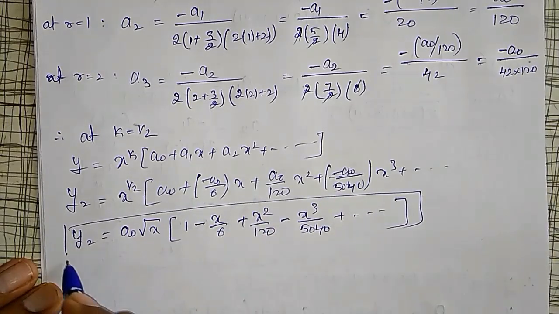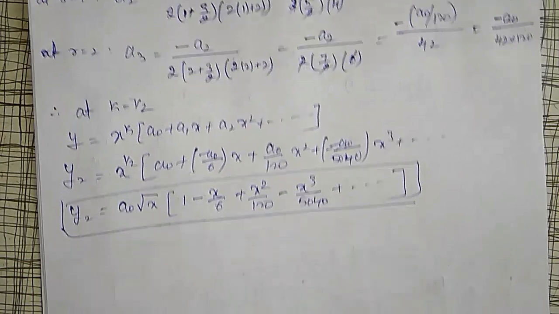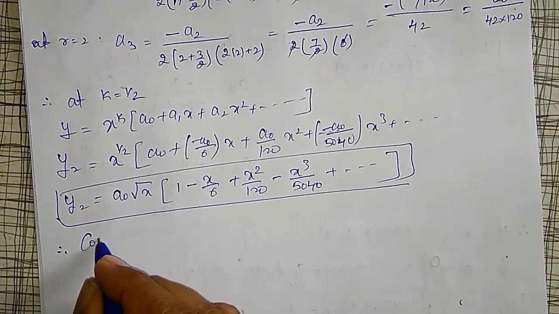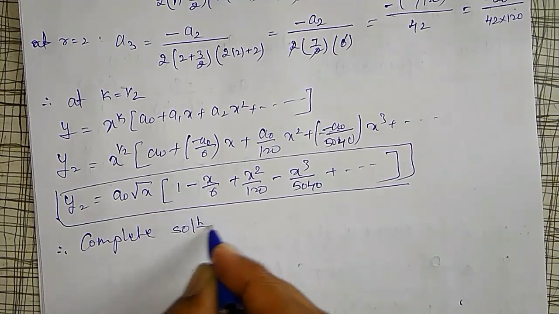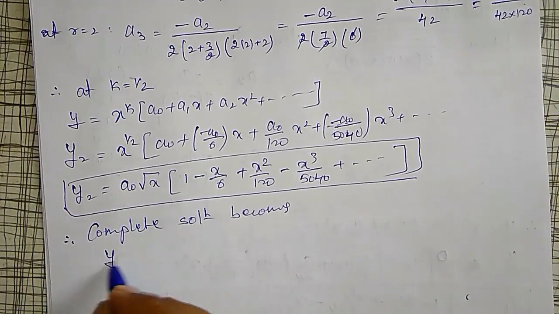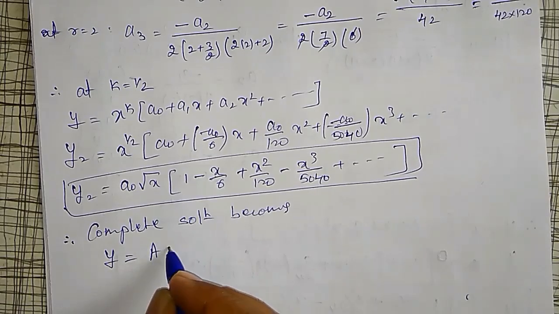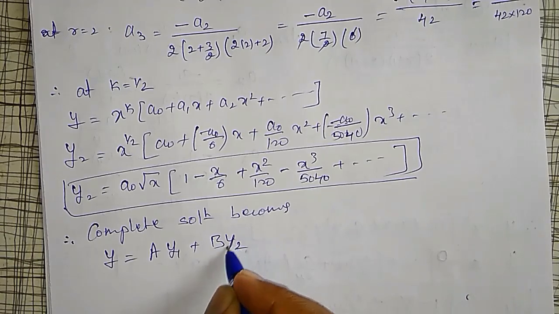y1 I already calculated. Substituting all these things in the complete solution, the complete solution becomes y equal to a into y1 plus b into y2.